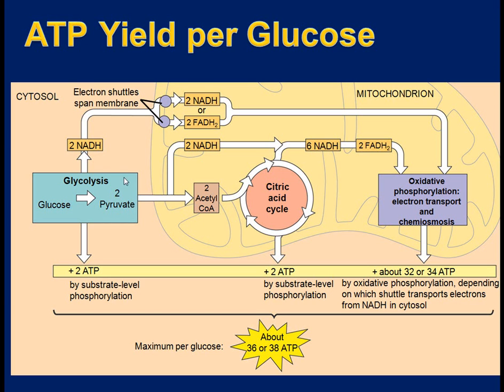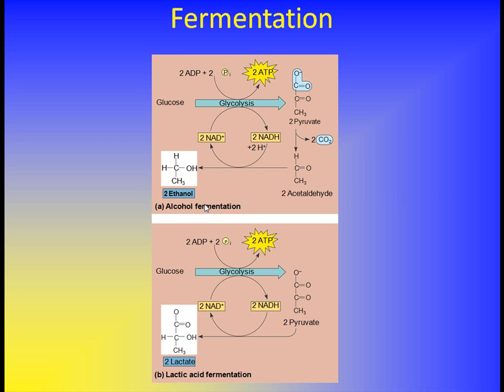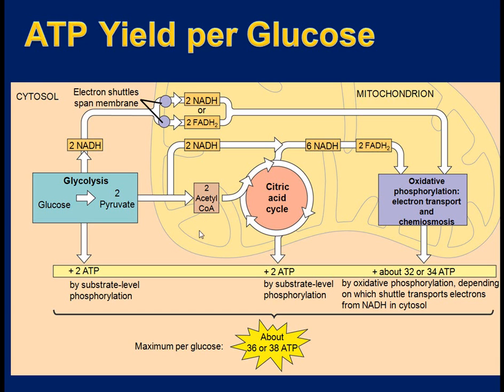The 2 pyruvates, if and only if oxygen is present, will enter into the matrix of the mitochondrion, going across the 2 membranes. As they go across the 2 membranes, they produce acetyl-CoA, 2 of them, to enter into the citric acid cycle. This acetyl-CoA formation provides us with 2 more NADHs.